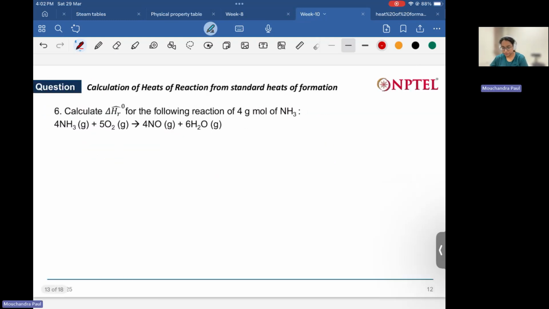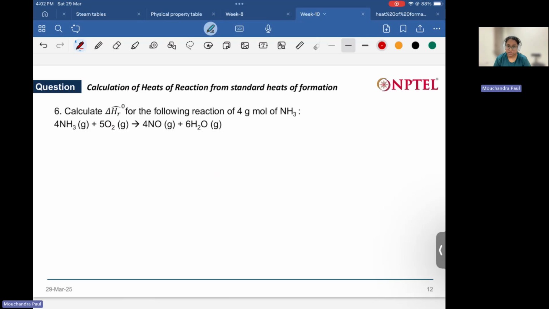Moving on, you are asked to calculate the standard heat of the reaction for the following reaction that uses 4 g/mole of ammonia.